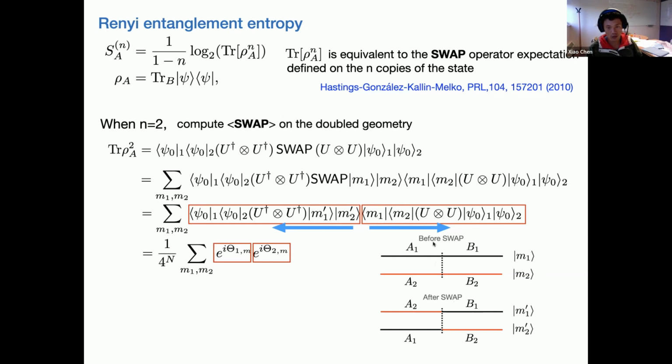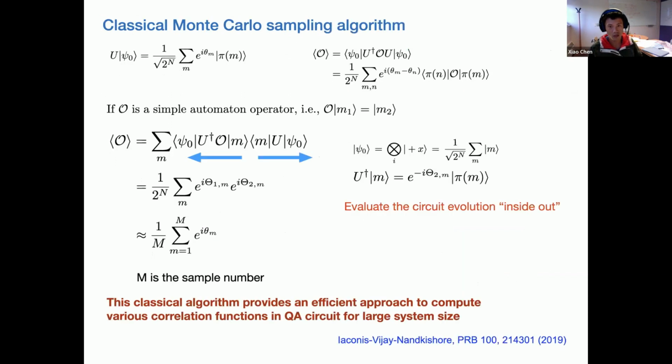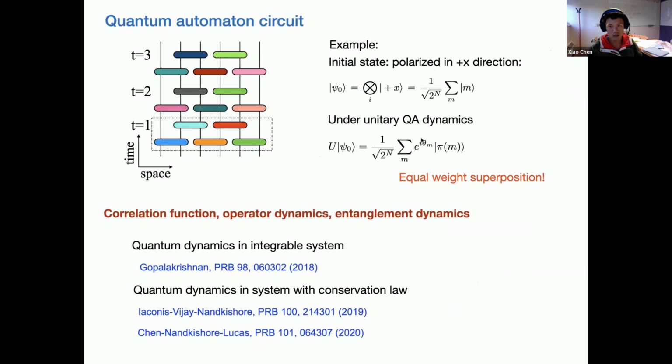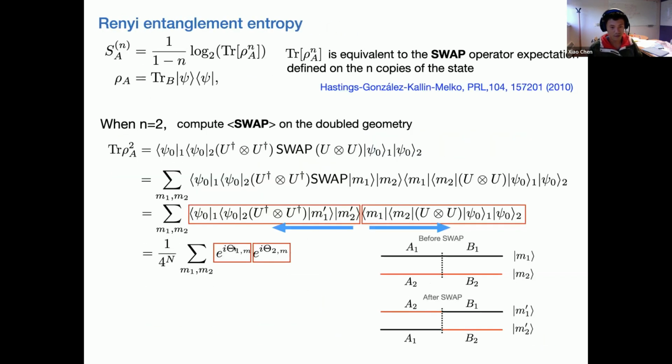We apply a swap gate to swap the subsystem, and we can show analytically that the purity of the subsystem is a summation over the phases. The phase is the phase we discussed over here. We sum all these phases between bit string pairs M1 and M2. There are in total 4 to the power L bit strings, where L is the number of qubits. It's 4 because we are considering n equal to 2.